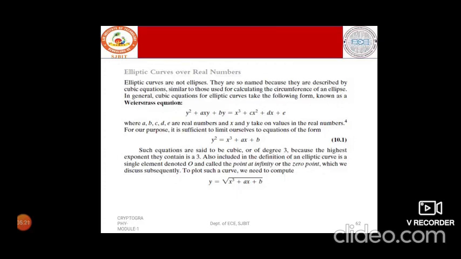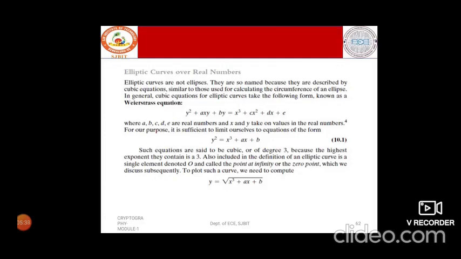Such equations are said to be cubic or of degree 3 because the highest exponent they contain is 3. Also included in the definition of an elliptic curve is a single element denoted O and called the point at infinity or the zero point, which we discuss here.